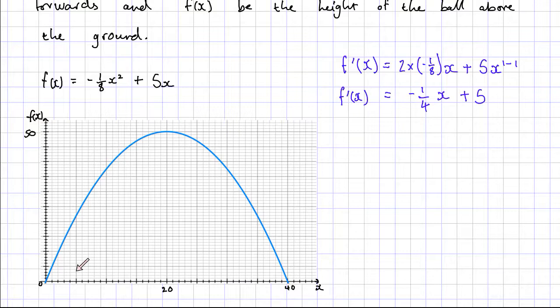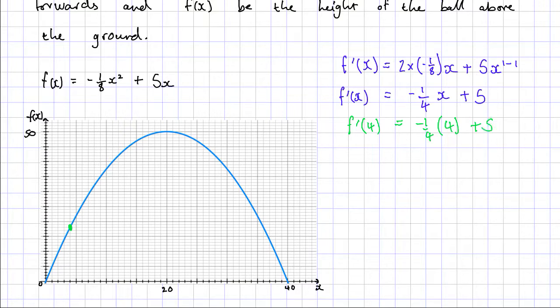So we need to substitute 4 into here, and this is going to give us the gradient at this point. So let's mark that point. We're looking for the gradient at this point. So if I do f dash 4, this is going to equal minus 1/4 times 4, add 5.